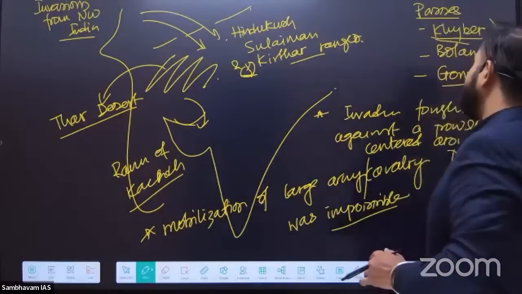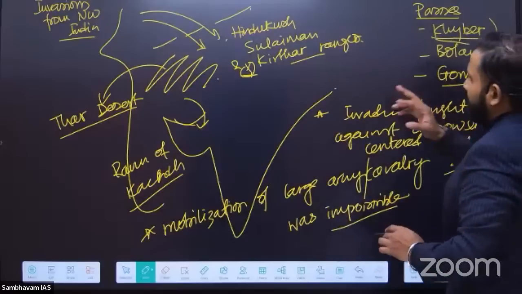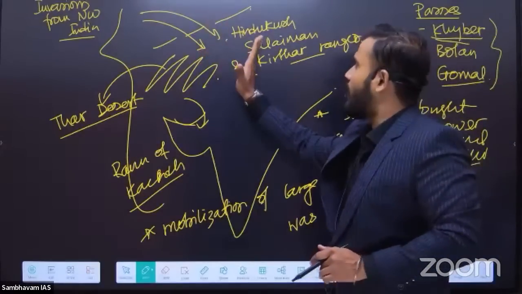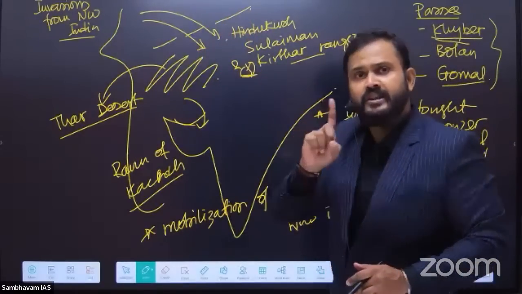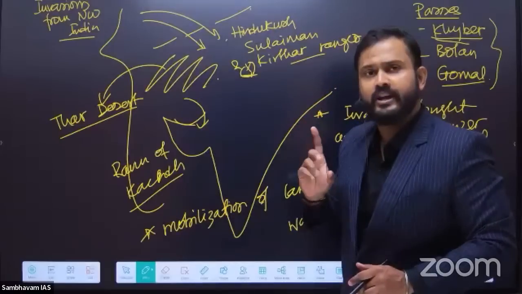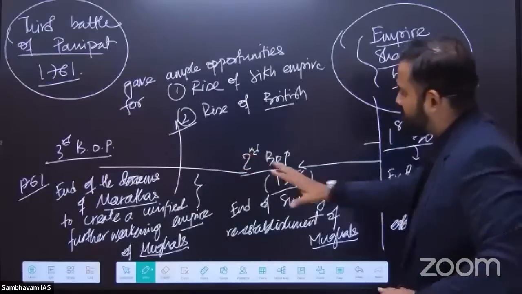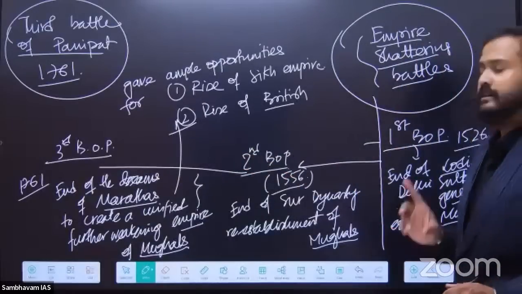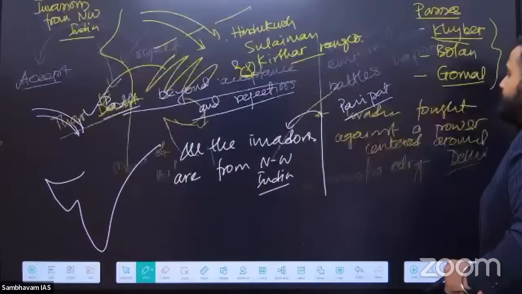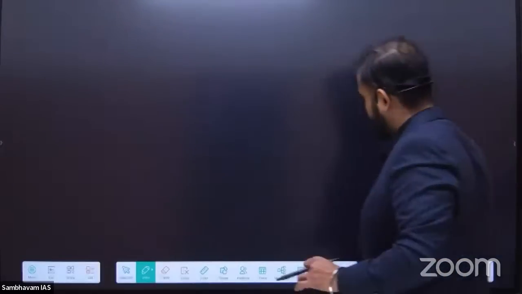Now, so naturally, any point of contact, the ideal position of point of contact in most of the cases, especially these 3, was Panipat. Now we will discuss about the strategic advantage of Panipat.